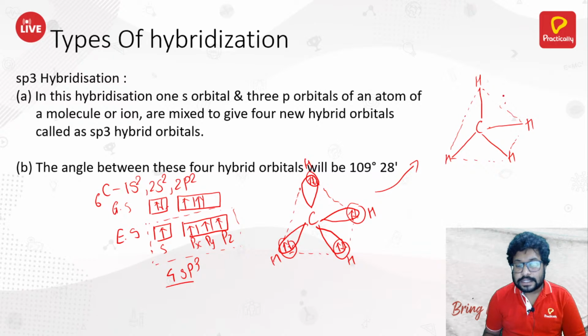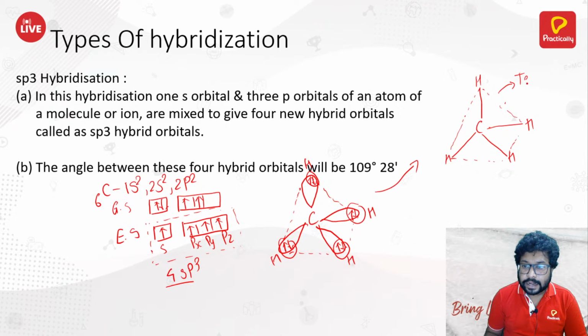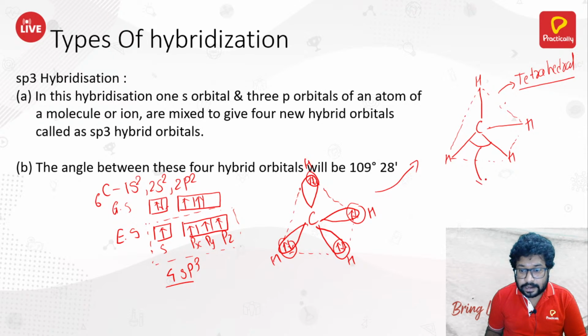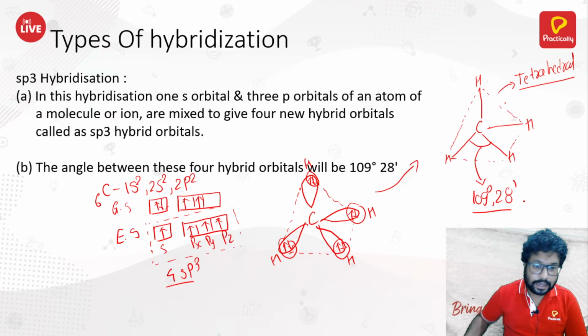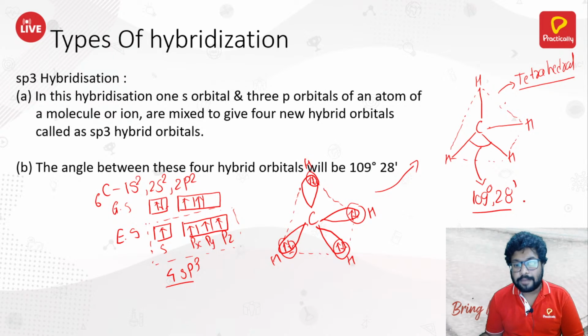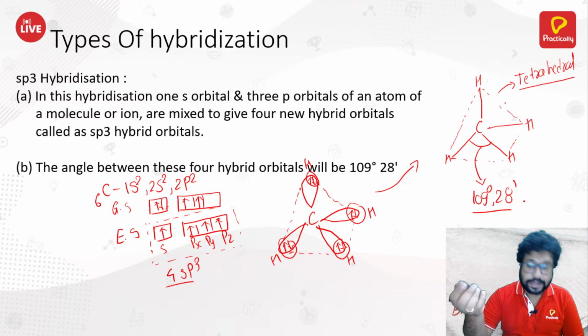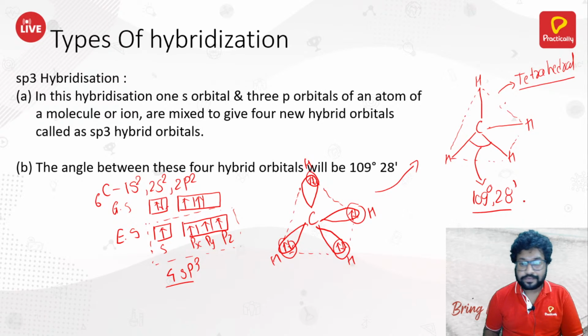So this shape is called tetrahedral. The bond angle here is 109 degrees 28 minutes. The angle between all these hybrid orbitals will always be 109 degrees and 28 minutes. That's how you get the sp3 hybridization.